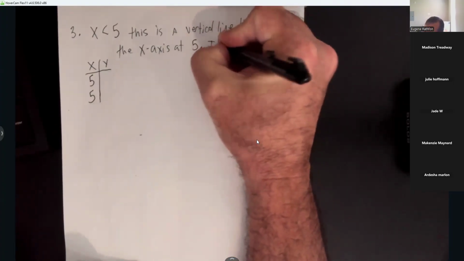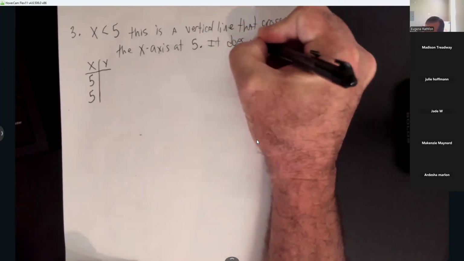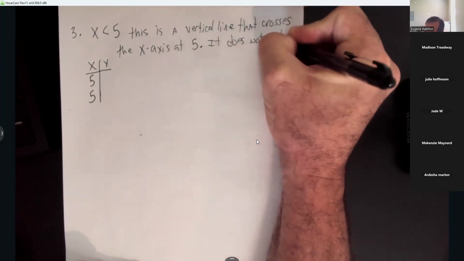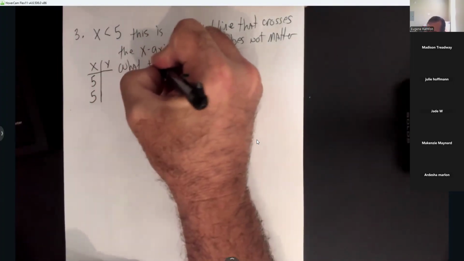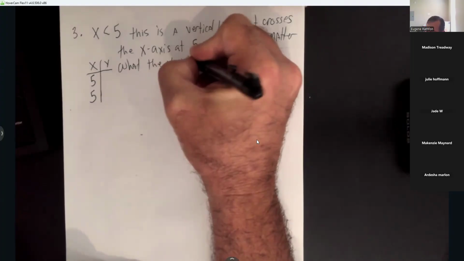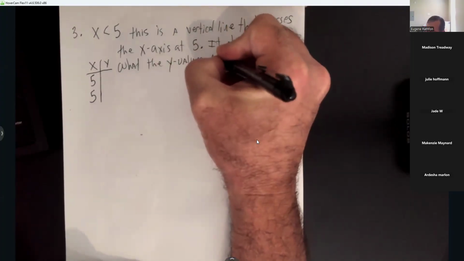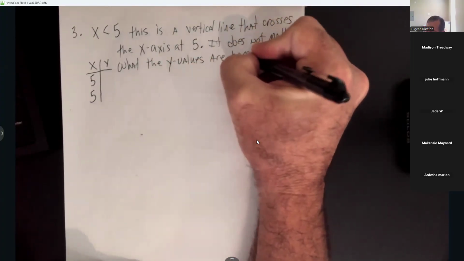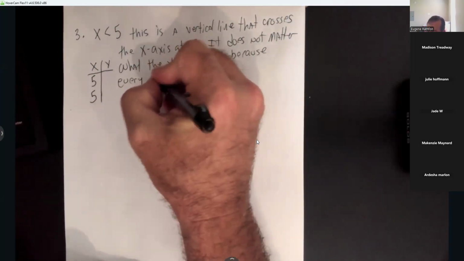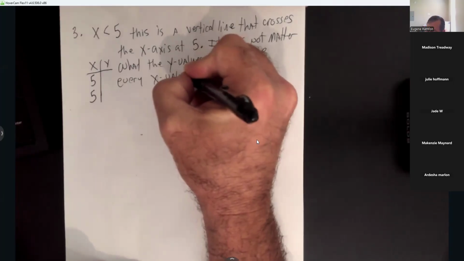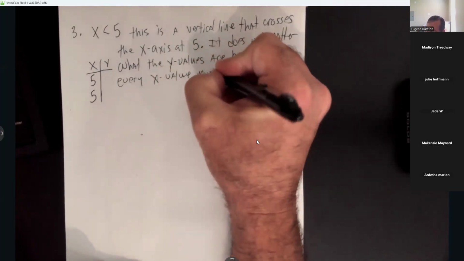So it does not matter what the y values are, because every x value must be 5.